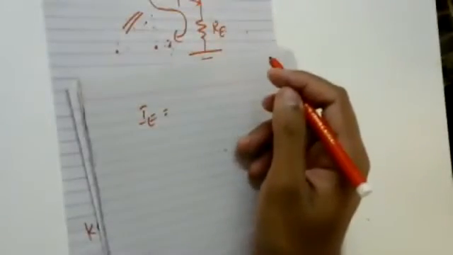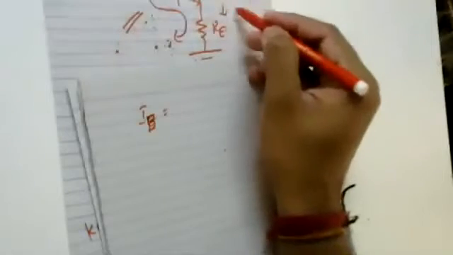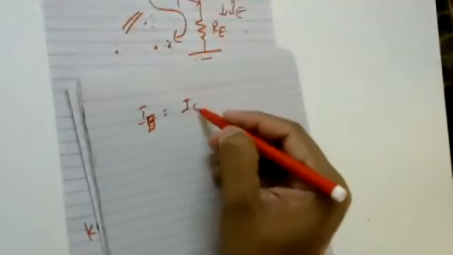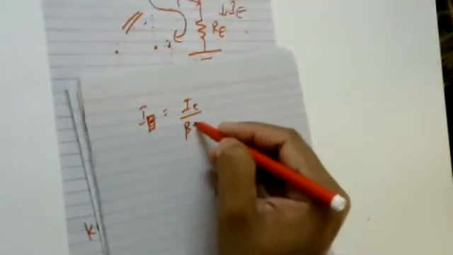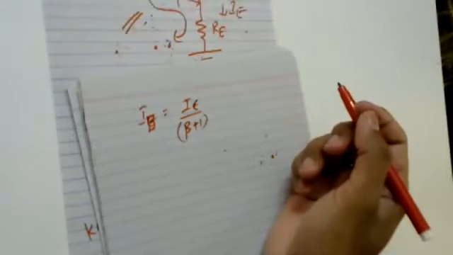The base current IB, this is the direction of my base current, this is the direction of my collector current, this is the direction of my emitter current. So my base current IB will be equal to IE divided by beta plus 1.